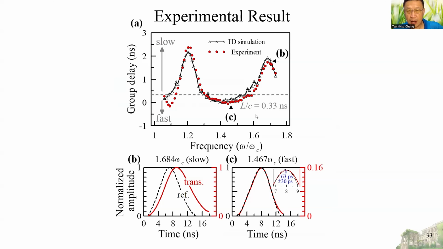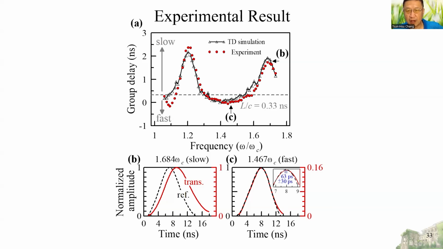The experimental result is the red dots, and the open triangles with a solid line are the time domain simulation. As we expected, they agree quite well. For a length of 10 centimeters, the total delay should be 0.33 nanosecond, roughly about here. So below this dashed line is fast wave, faster than the speed of light.